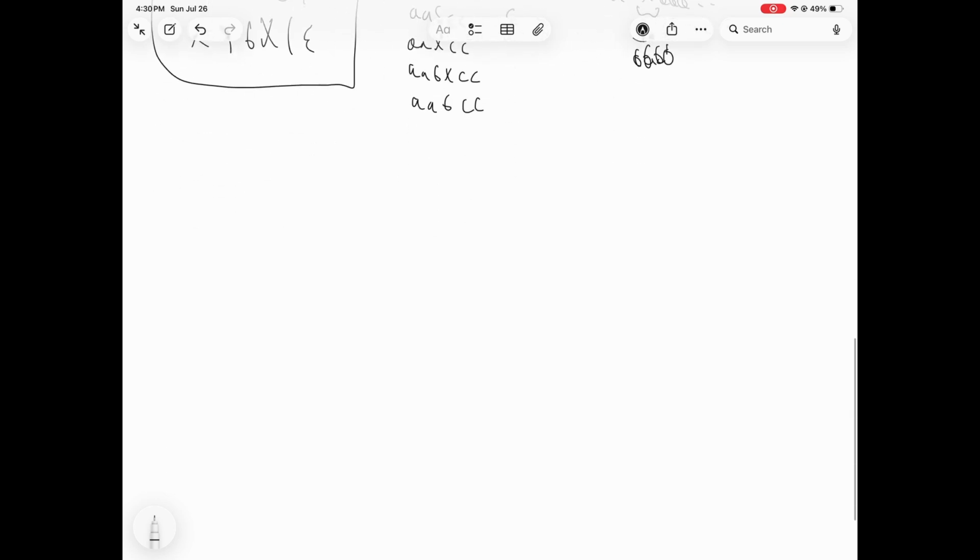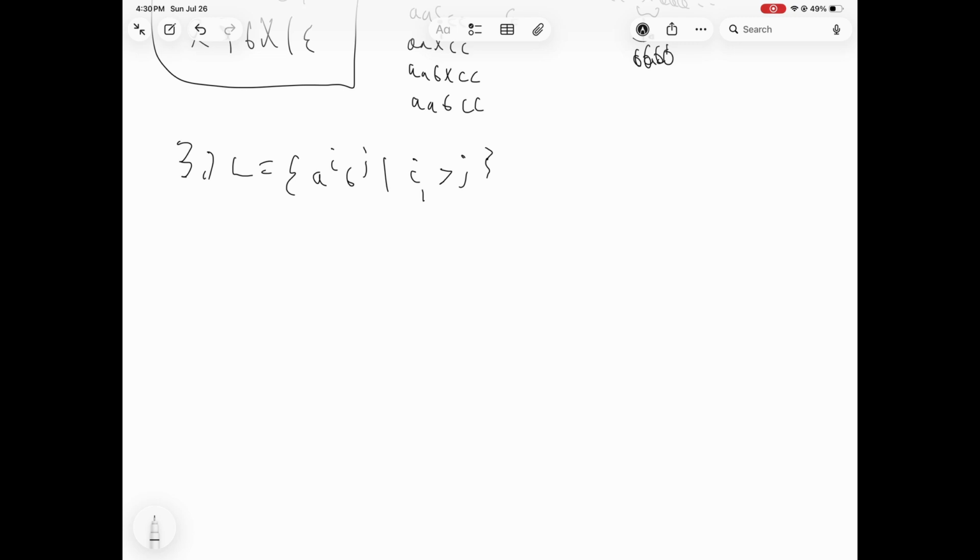All right, let's move on to our third problem of today. It is going to be the language of A to the I, B to the J, such that I is greater than J. Okay, couple things to clarify.